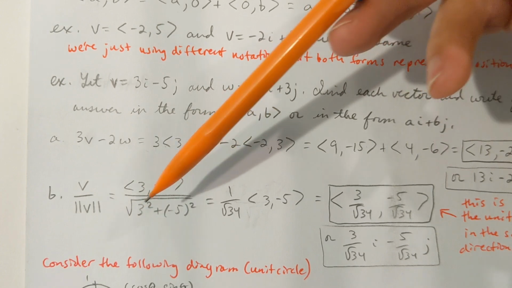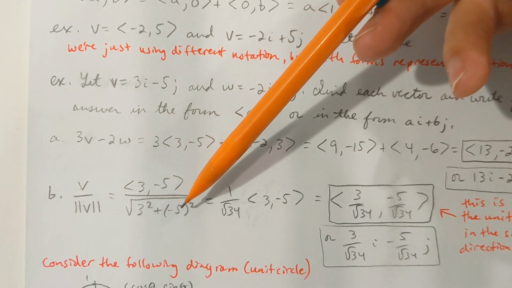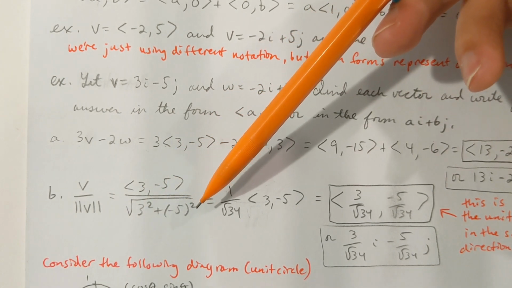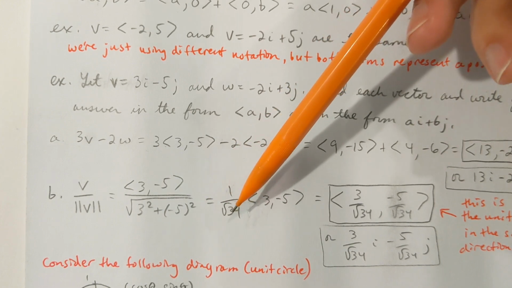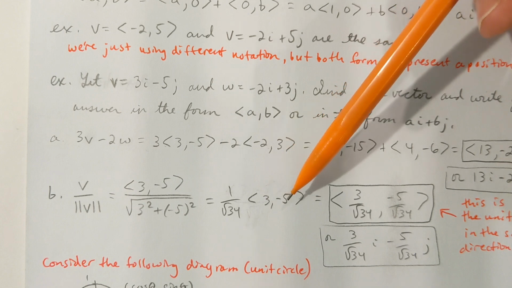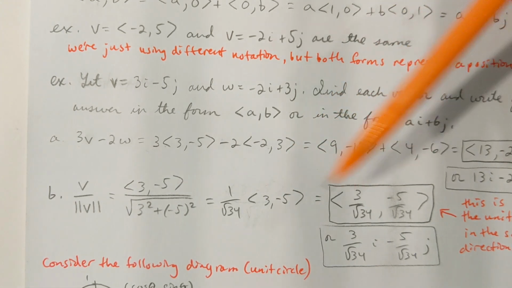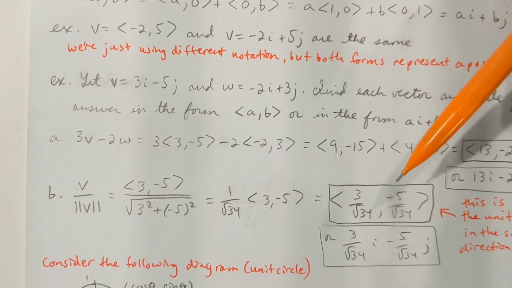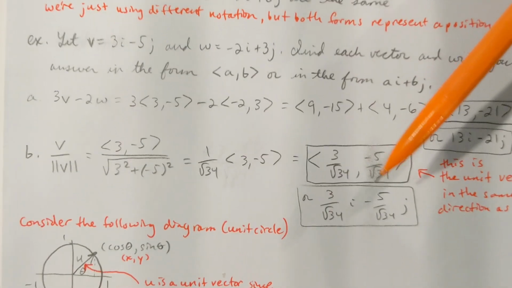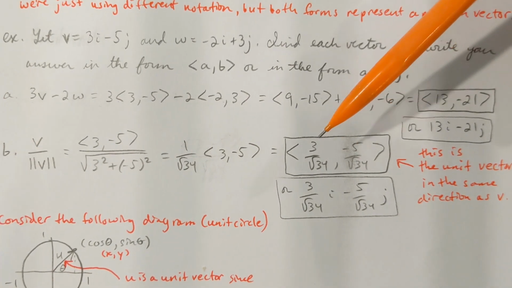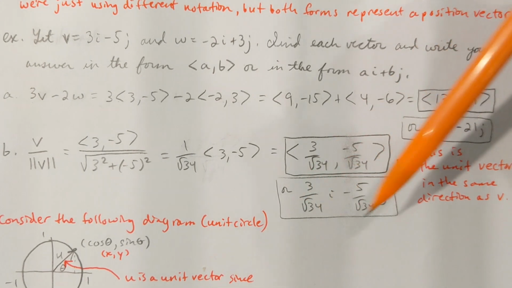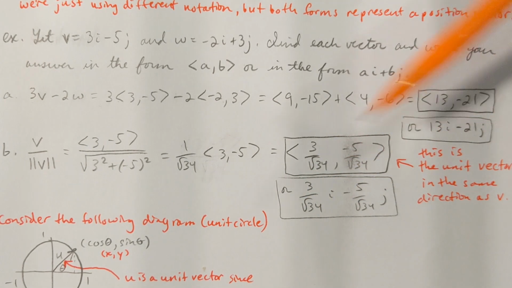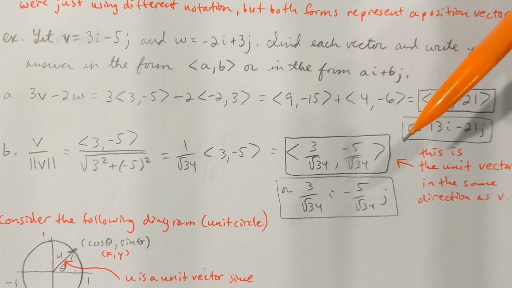So that would be the square root of (3 minus 0) squared plus (-5 minus 0) squared, or that would be the square root of 34. 1 over root 34 can then be distributed into the two components, since that's a scalar. And so my answer, this unit vector, would be the vector <3 over root 34, -5 over root 34>. Or here's what that looked like using the ij notation. This vector, if you were to check, would have a length of 1.